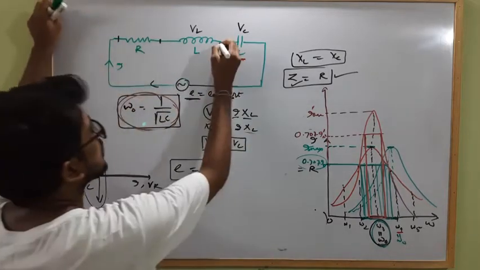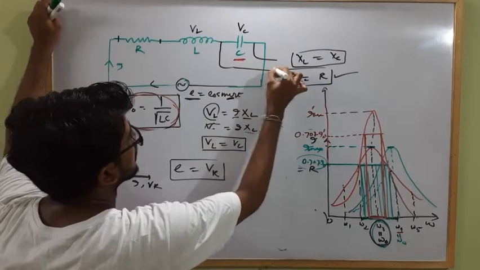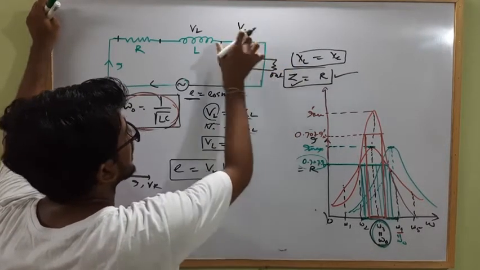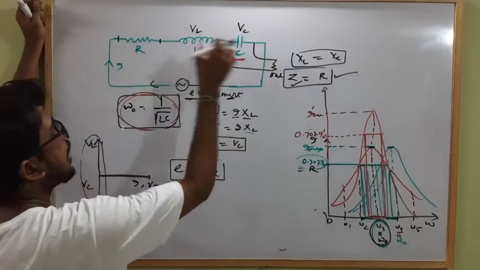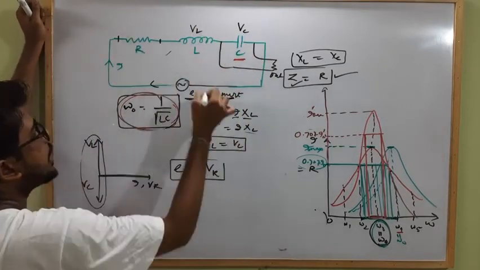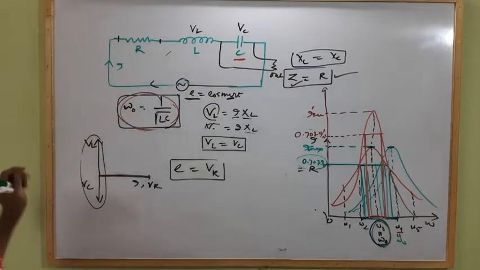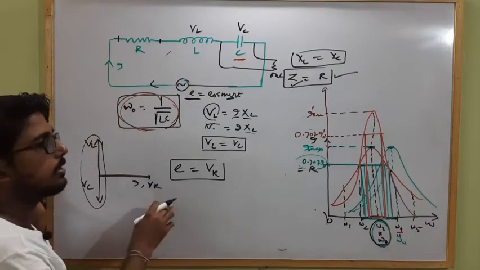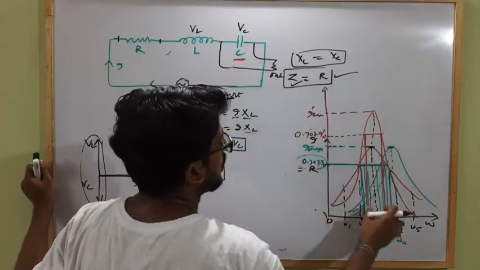So if we are taking the output signal across the capacitor, how much will this potential difference be in comparison to the input potential? That will give the quality factor, because quality factor depends upon how much current we will draw from the given circuit.